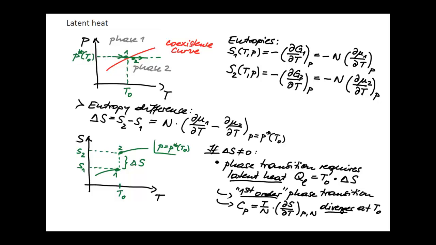We had already discussed that a finite specific heat and also a finite compressibility are prerequisites for thermodynamic stability. So conversely, whenever the specific heat diverges or the compressibility diverges, this is a signature of instability.